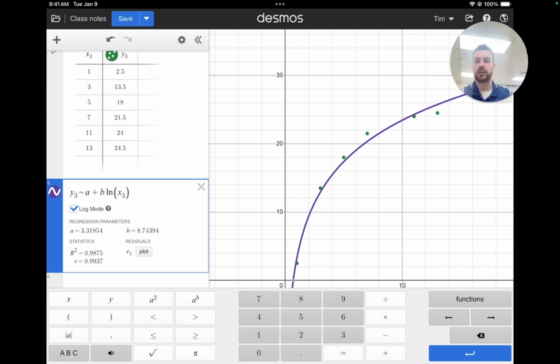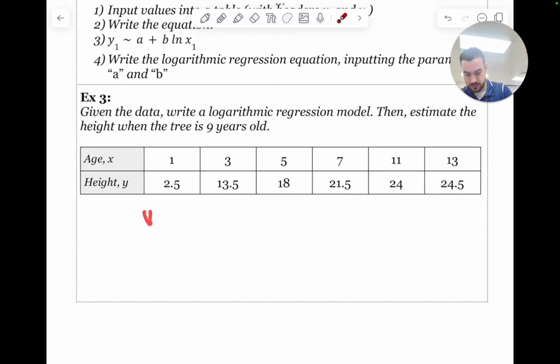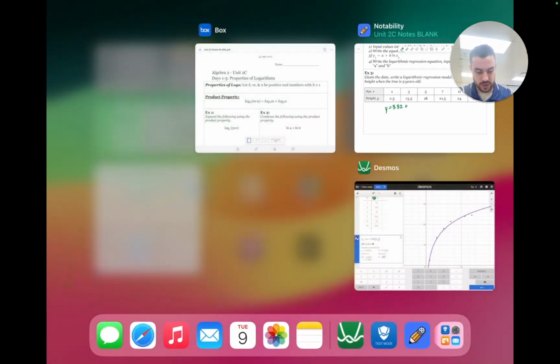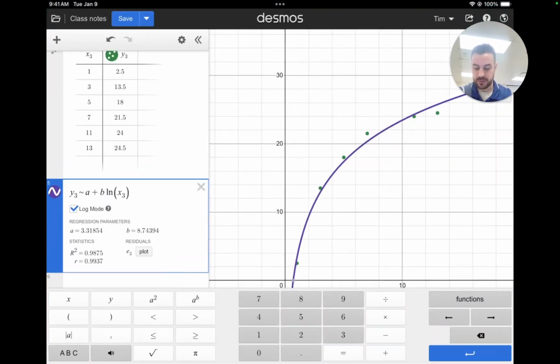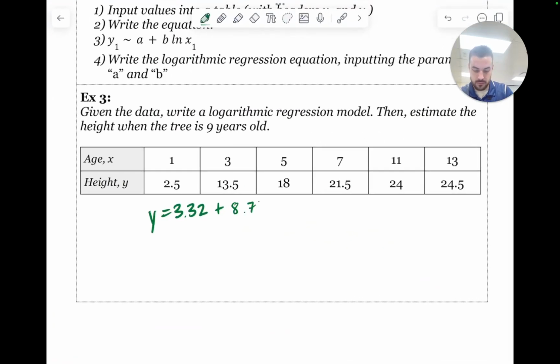So we get 3.32 as our a value, plus our b value, which is 8.74, times the natural log of x. This is going to be our logarithmic regression model.